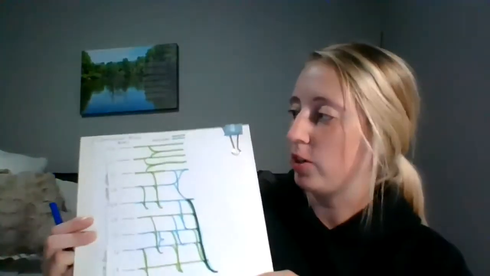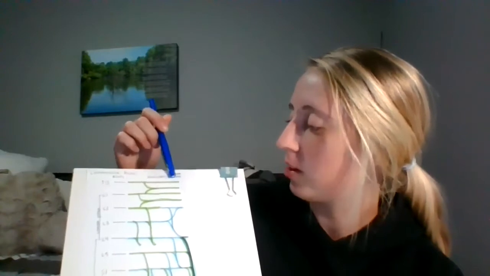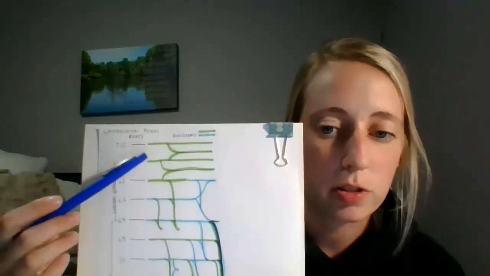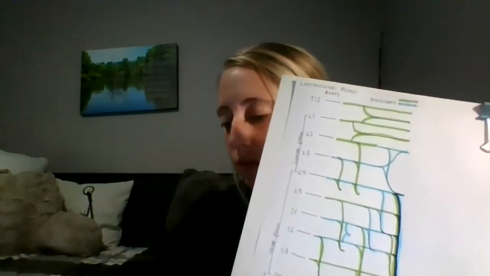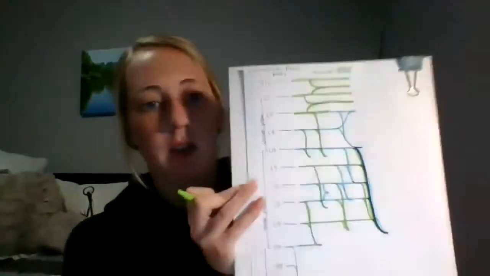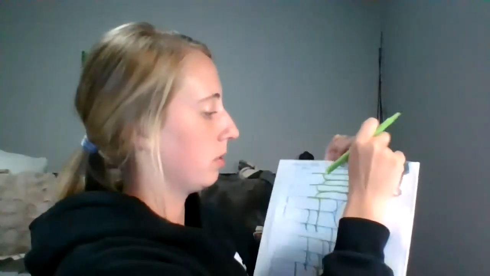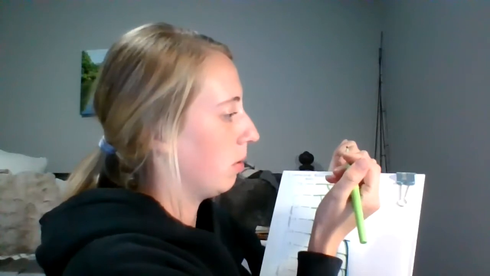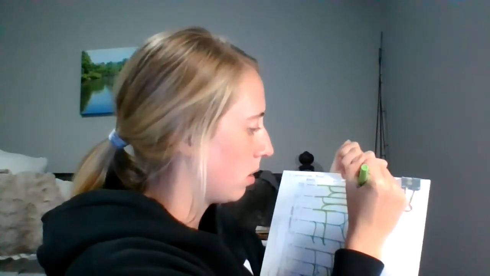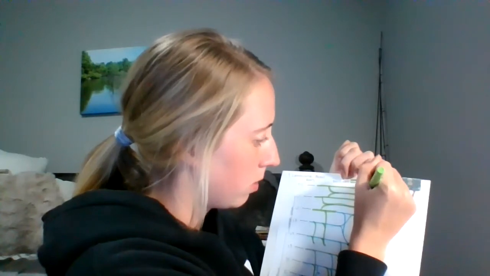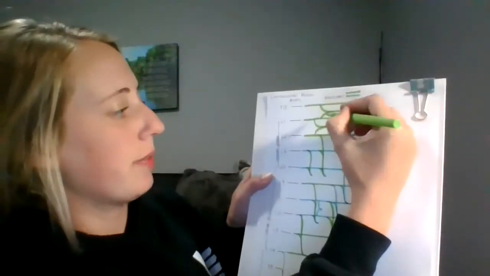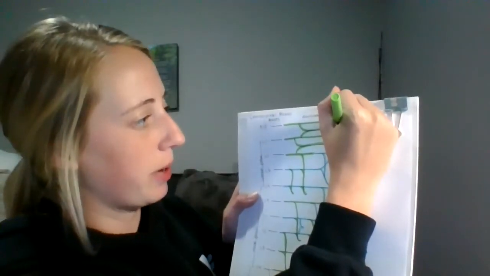So then the divisions: there are anterior divisions and posterior divisions. My anterior divisions are green and my posterior divisions are blue. So starting with the anterior, off of T12, we have the subcostal nerve. From T12 and L1, we have the iliohypogastric nerve.